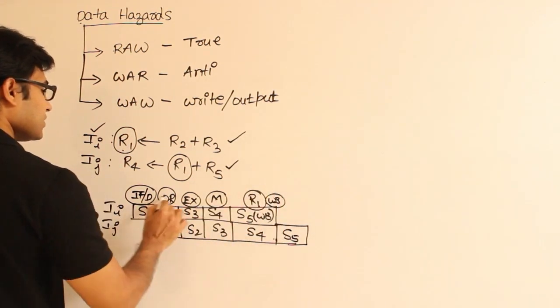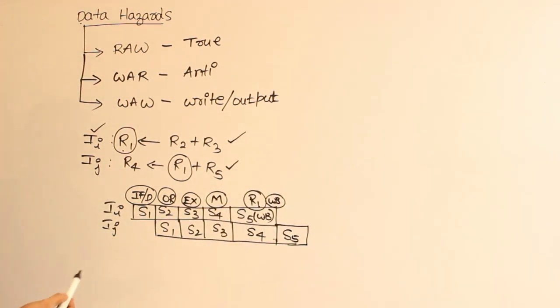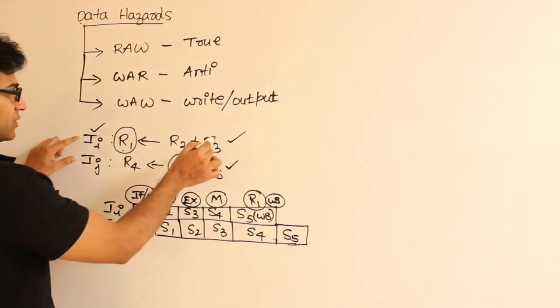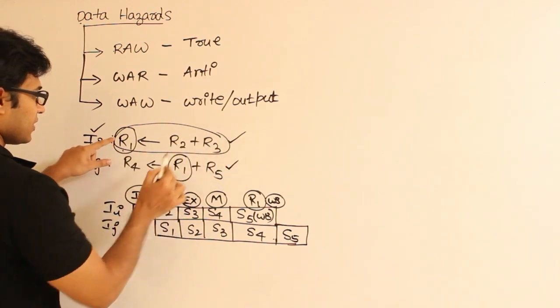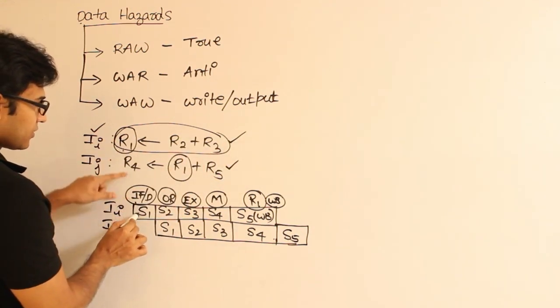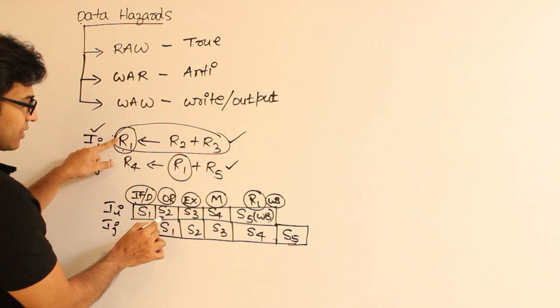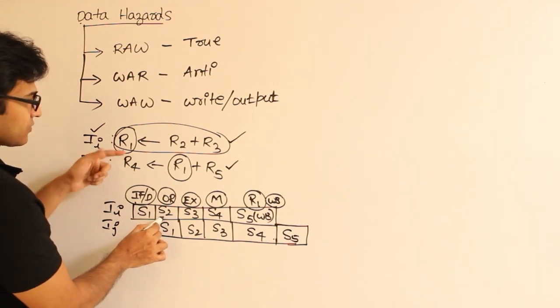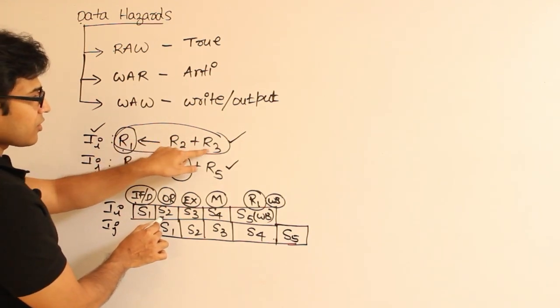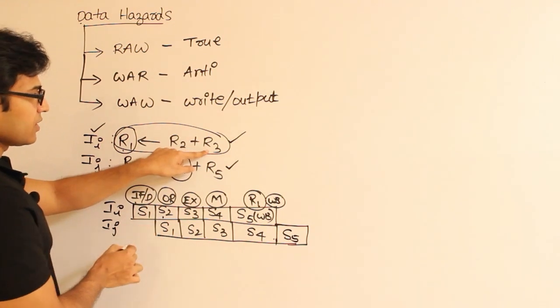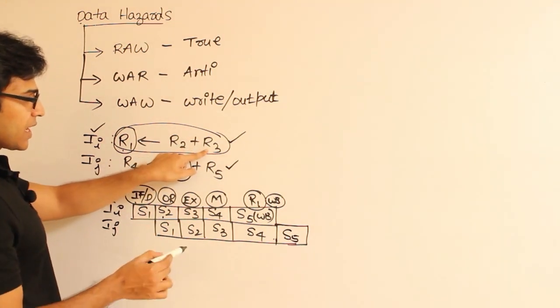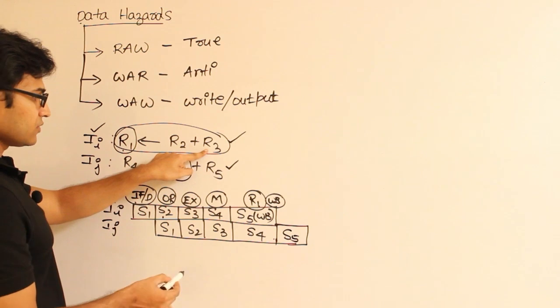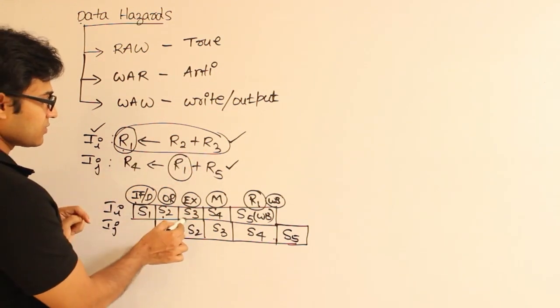We have already discussed this type of pipeline in one of the videos. For this instruction, we fetch and decode it in the first stage, then read the operands, which means reading R2 and R3 from the register file and providing them as input to the execution phase.